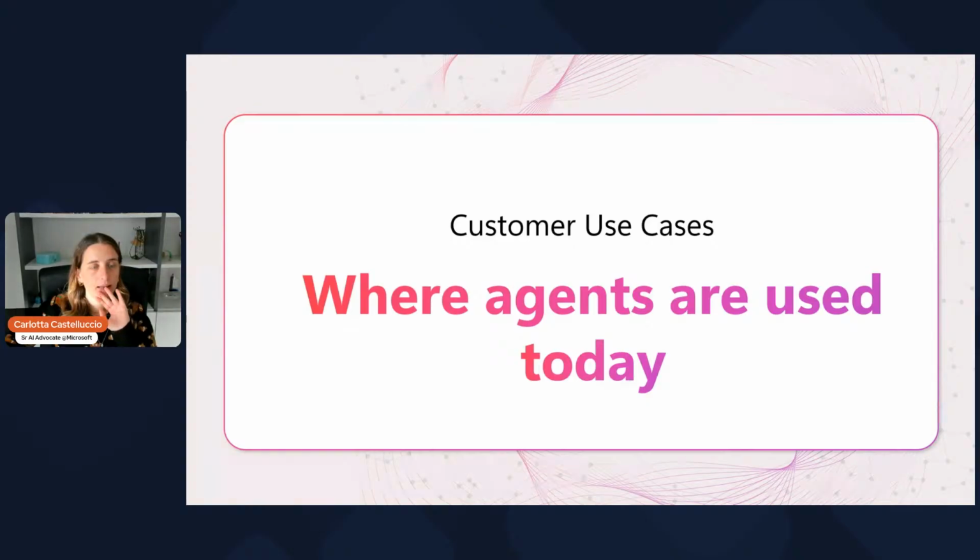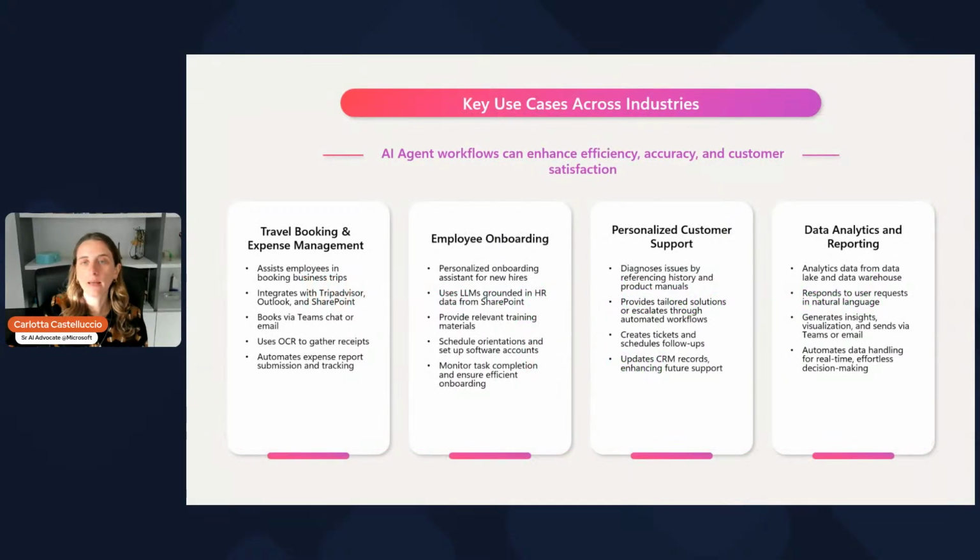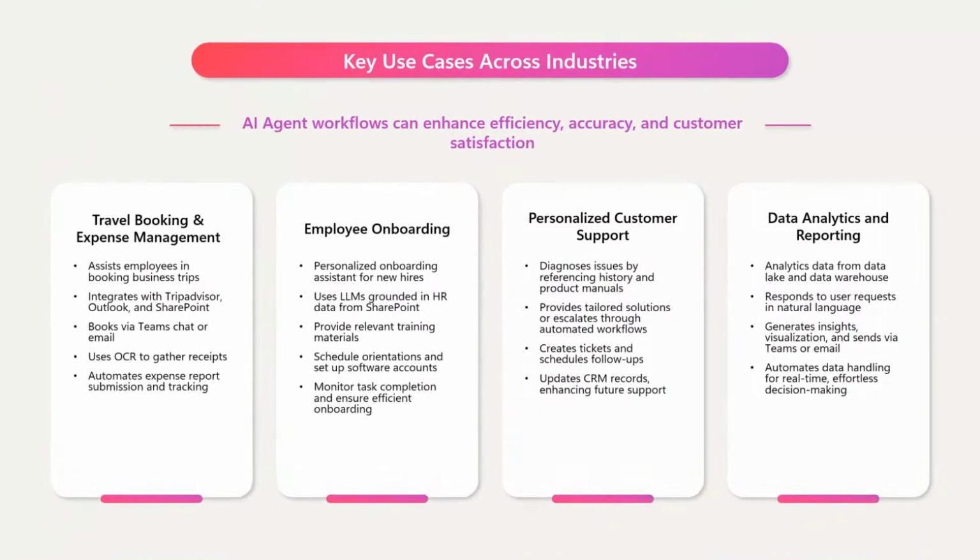Okay. So where are agents used today? Because I've said that agents are not a future thing. People are using agents already in production. So AI agents are already making significant strides across various industries, with use cases ranging from travel booking to employee onboarding.